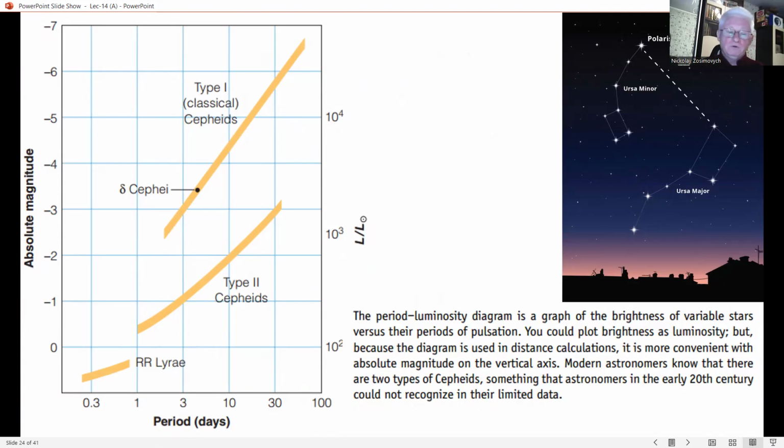Leavitt first noticed this in 1912, and it is now known as the period-luminosity relation. The physics of pulsating stars was unknown in 1912. But when Leavitt noticed that the Cepheid period of pulsation was related to its luminosity, she found the key that unlocked the secret of the Milky Way.